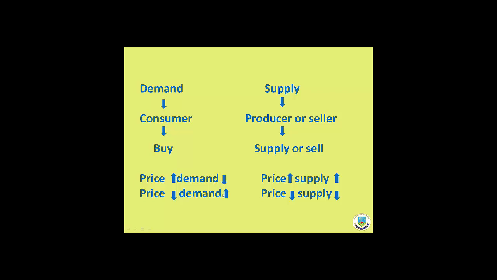Here in supply, we are talking about producers. As price rises, suppliers will increase their supply, because at higher prices they will earn more profit. As price falls, suppliers will also decrease their supply, because when the price is low, they will earn less profit.